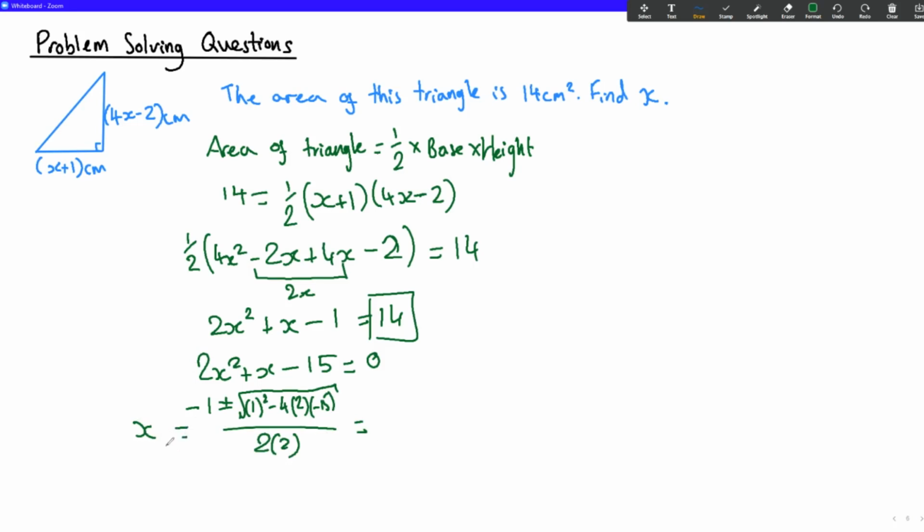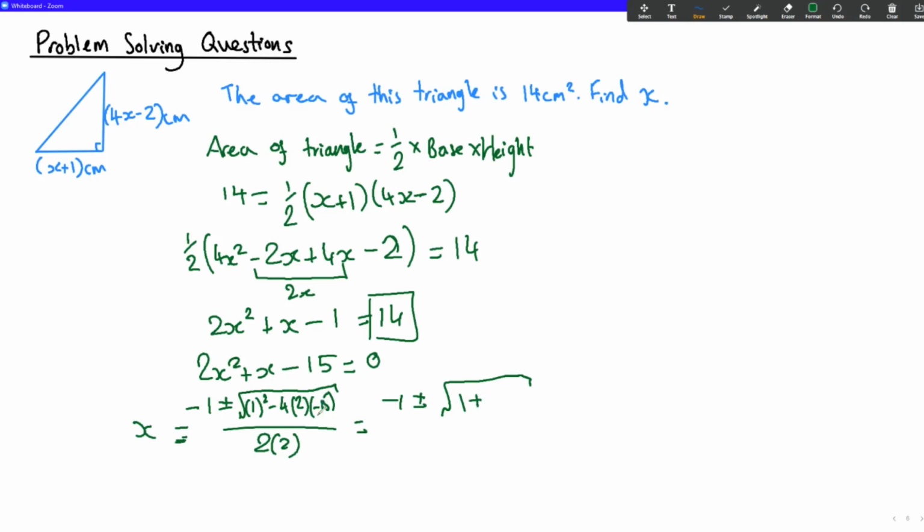Sorry, I should have put an x there. So we get minus 1 plus or minus 1 here. You have minus 15 times 2, which is minus 30. These minuses actually cancel out. We can cancel those out. So we get a positive number.